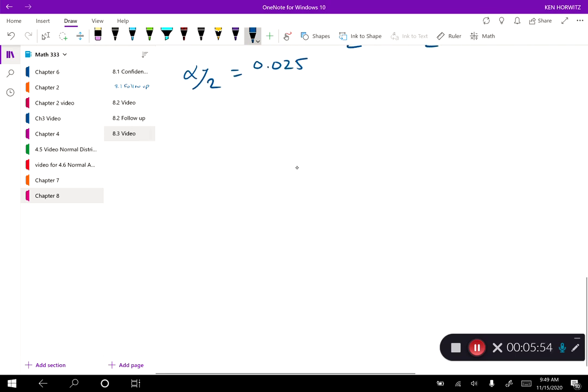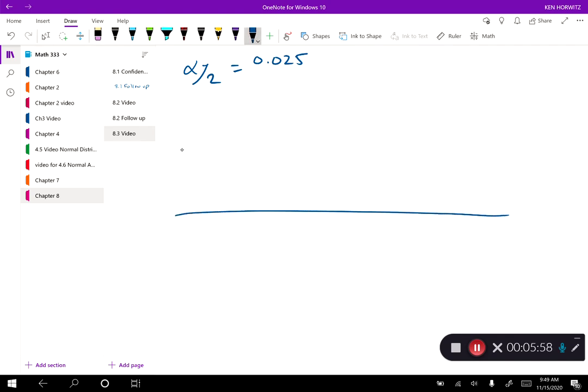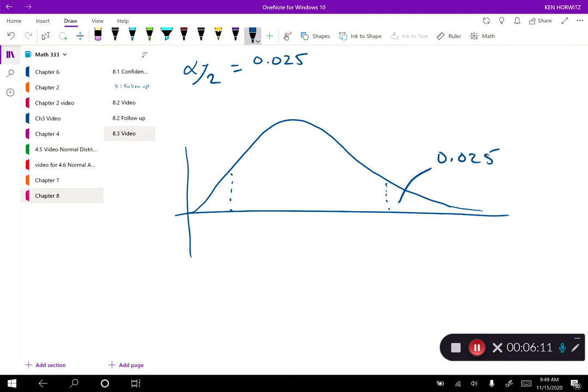Now that 0.025 can be found here. That's actually a better chi-square than the last one I drew. There we go.